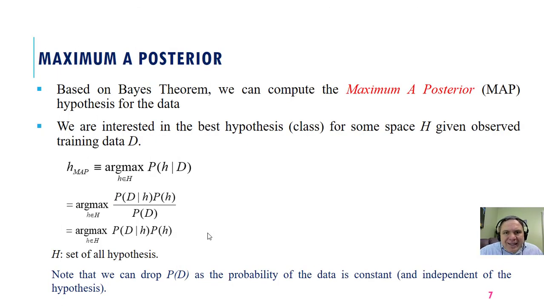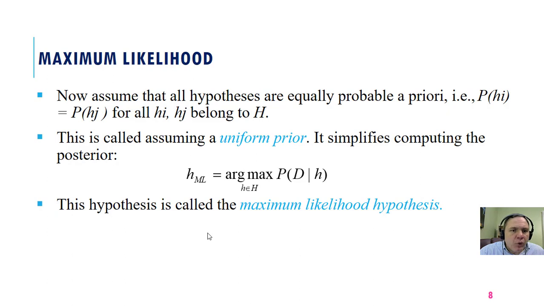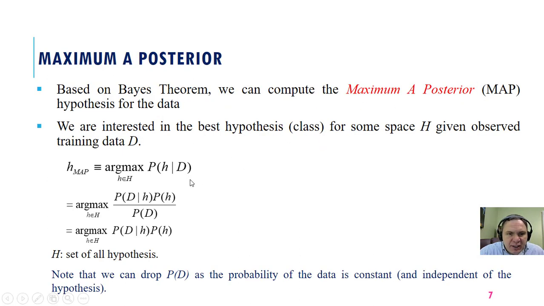Now, in case we have a situation where the n hypotheses that we are testing have exactly the same probability, we talk about, in this case, a uniform prior. So multiplying by probability of H would be meaningless.